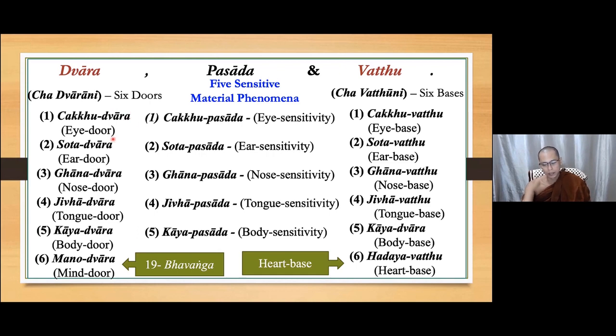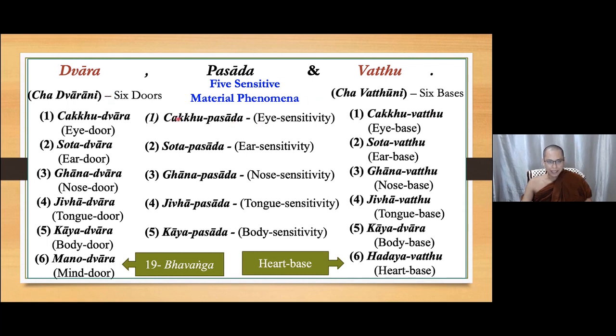And the consciousness and mental factors are not really going out. It is given as an example for taking the objects so that we can understand easily in our daily life usage. So this is the door. And Vatthu is the base where the consciousness and mental factors arise and depend on. They are called Vatthu. So Dwara and Vatthu.